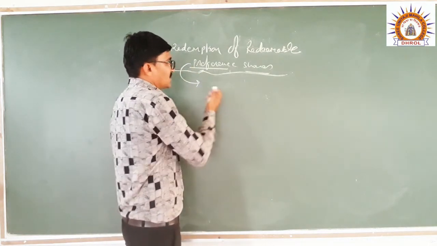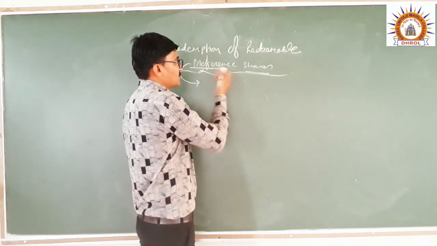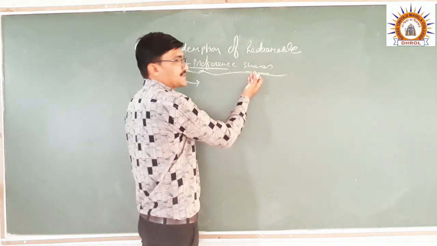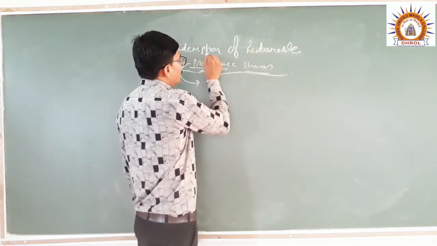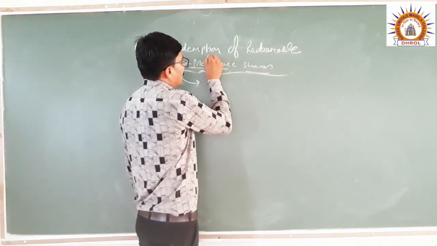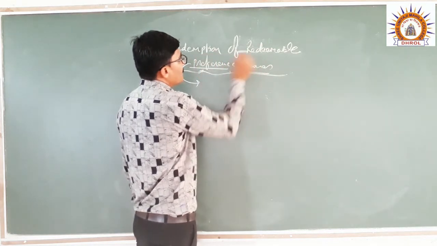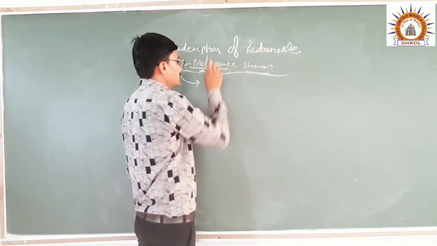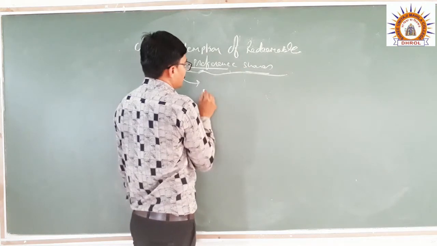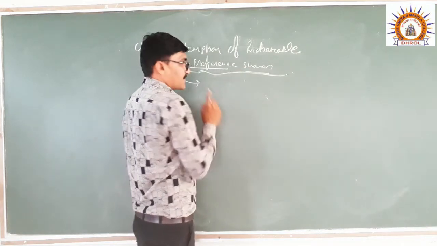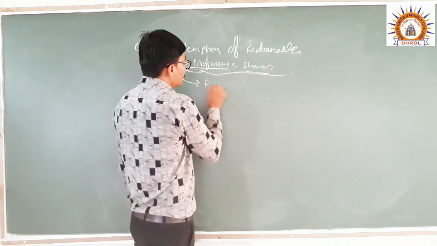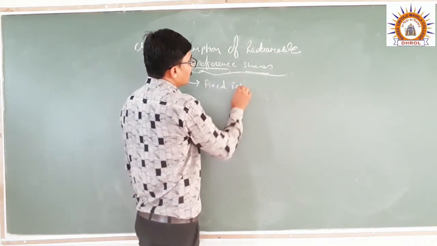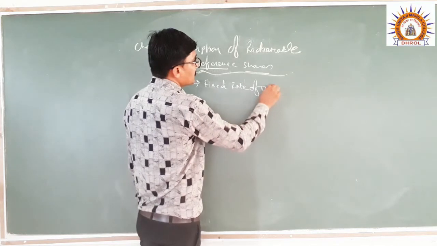I am going to start by explaining the term preference share, and next we should try to understand redemption of redeemable shares. First of all, what is a preference share? Preference shares are a special type of share having a fixed rate of dividend.